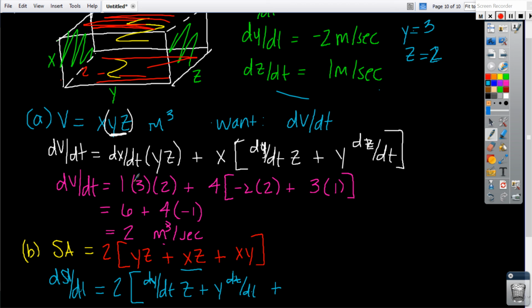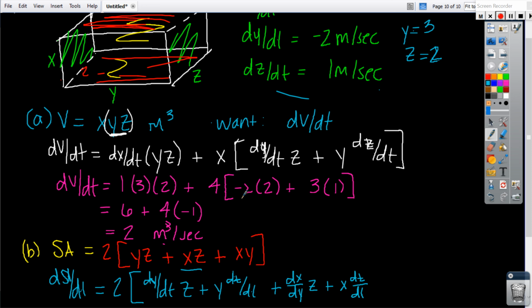Let's do it the same way we did this. Derivative of the first times the second plus the first times derivative of the second.